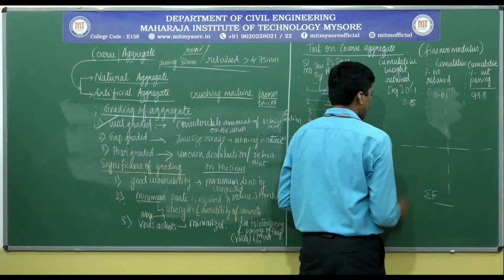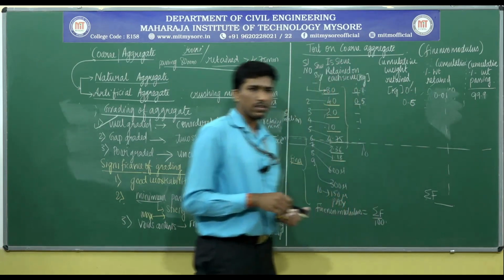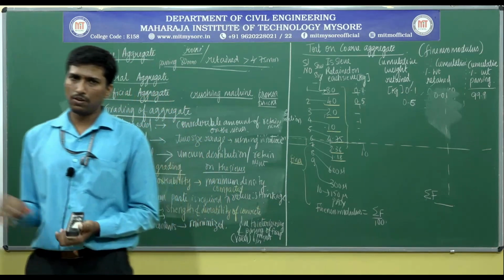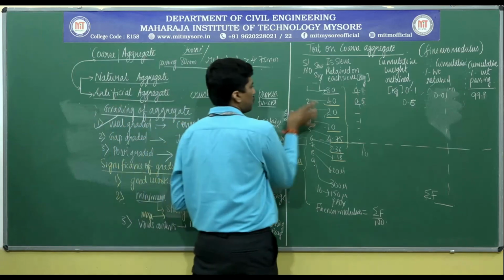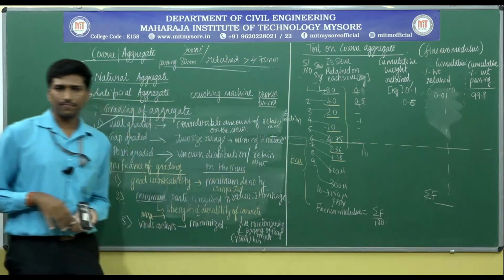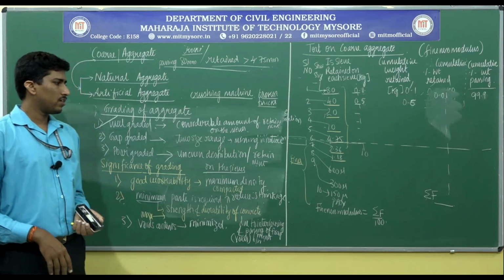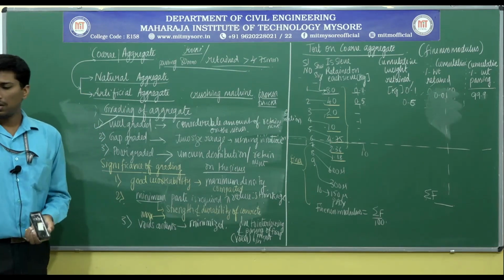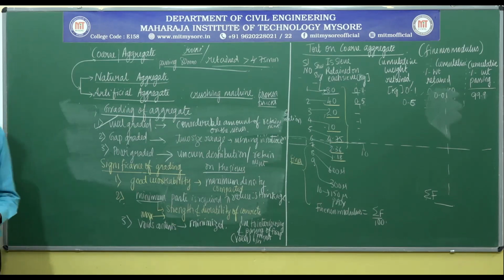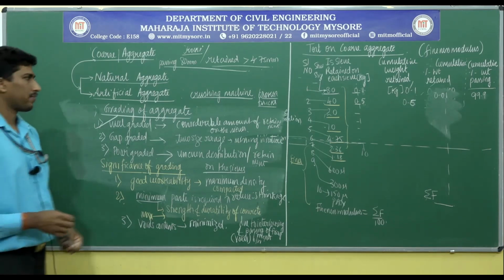The remaining things which are retained will be taken as 100 itself only, because nothing tends to pass there, but only the sieves which are arranged till here. Fine with this? However you have calculated the cumulative values, you need to finally determine the fineness modulus of the aggregate. This is the one thing.